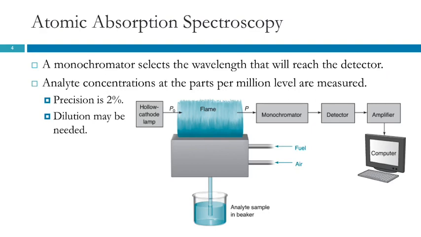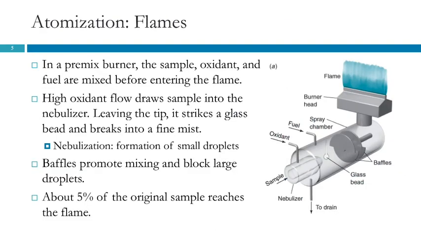There are different ways of heating or exciting the analyte. Our instrument has what's known as a pre-mix burner, in which we have the sample, the oxidant, and the fuel all pre-mixed before it goes into the flame. It looks something like this. There are different configurations, but they all work approximately the same.